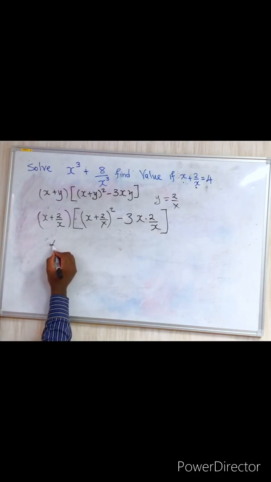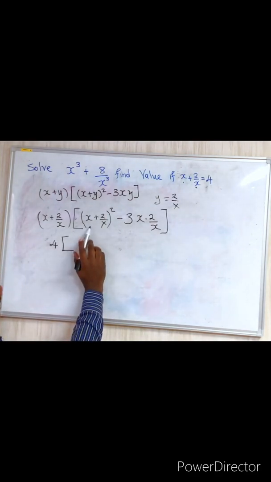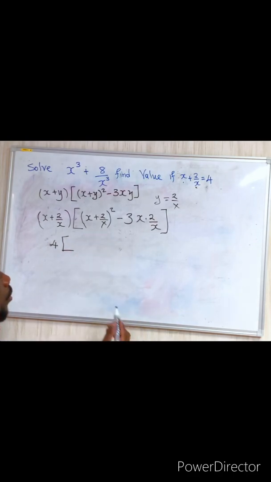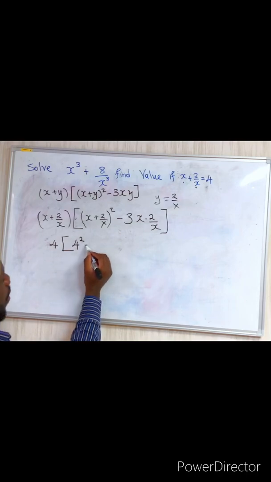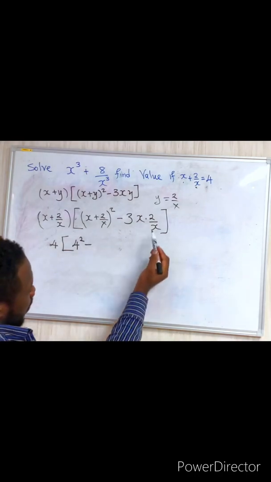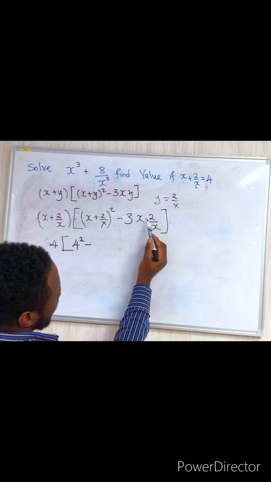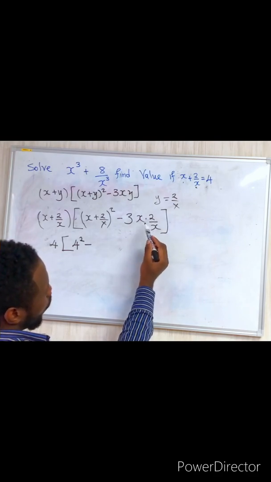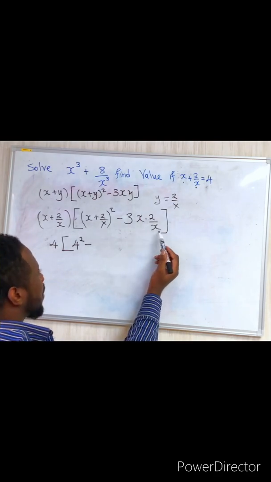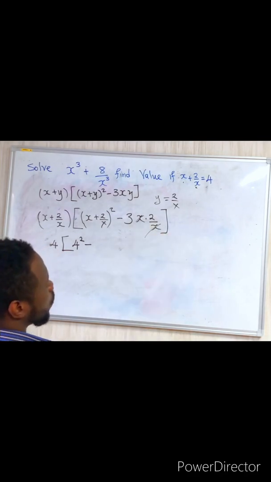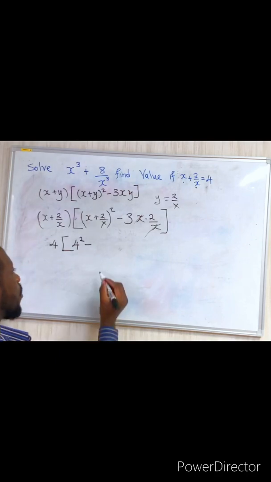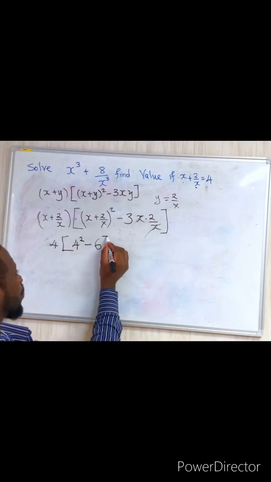So this one will be 4 multiply, then we also know x plus 2 over x is also equal to 4. So this will be 4 to the power 2 minus 3x times 2 over x. Sorry, so this x and this x will cancel out. So what we have is 3 times 2, and this one will give us 6.